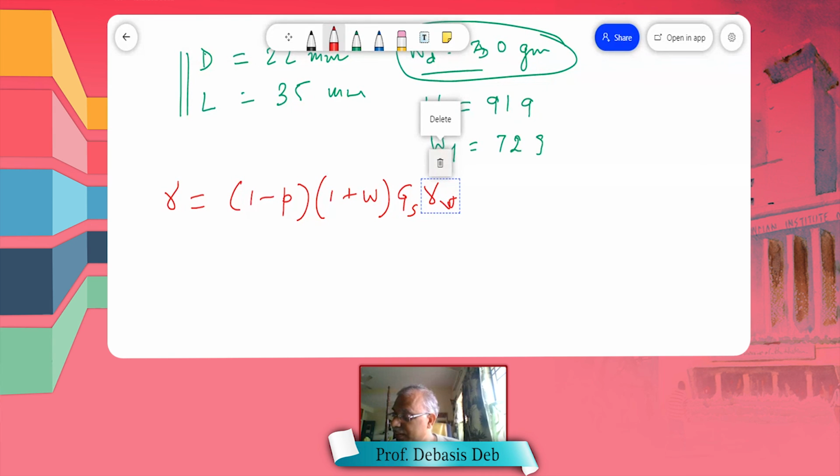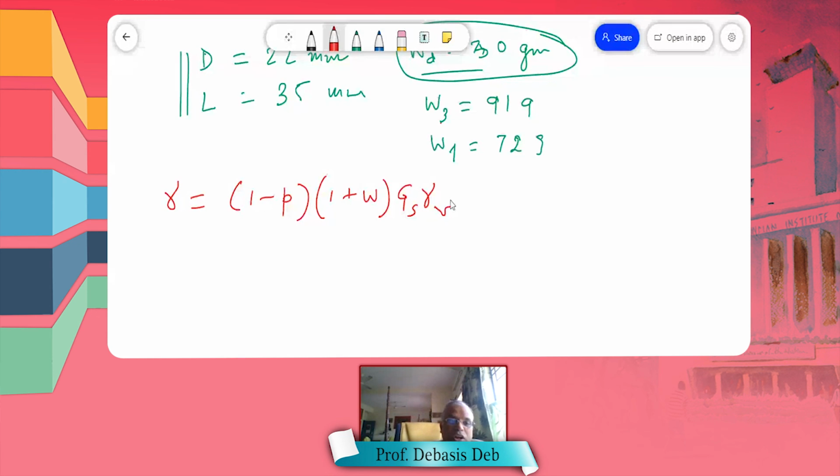Let me write it again. Gamma, the moist unit weight, is equal to (1 minus porosity) into (1 plus water content) into GS into gamma W. This is a very interesting equation which relates the volume and weight relationship in the porous material.